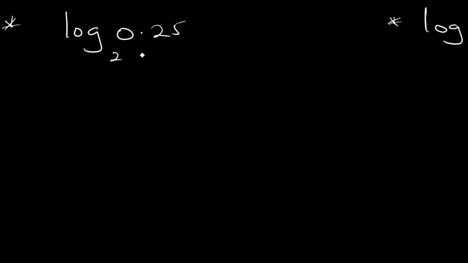Let's change 0.25 to a fraction, 25 over 100. 25 goes into 25 once and into 100 four times, so 0.25 is simply 1 over 4, to base 2.